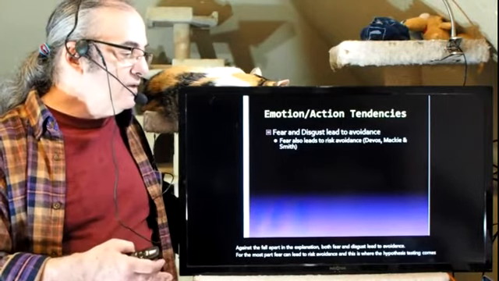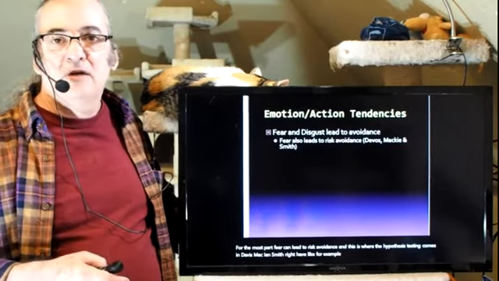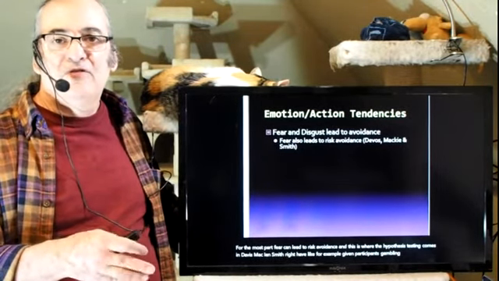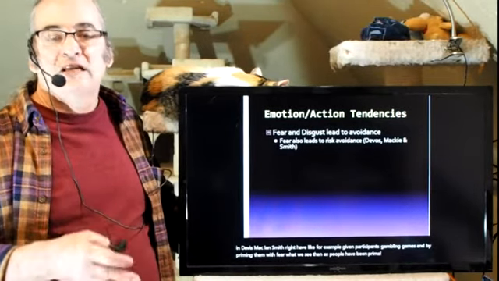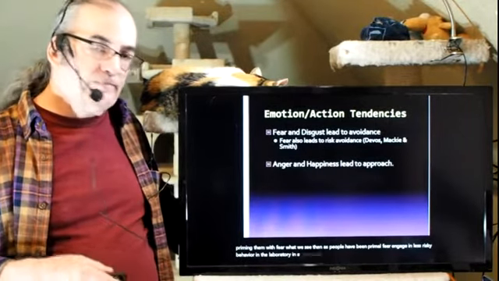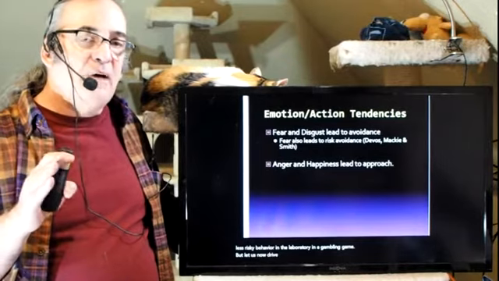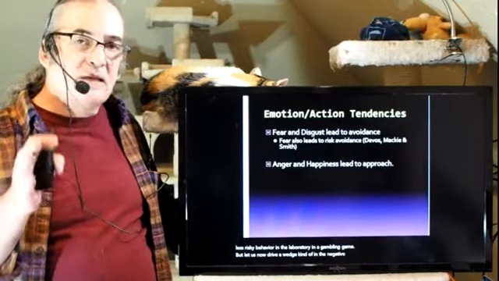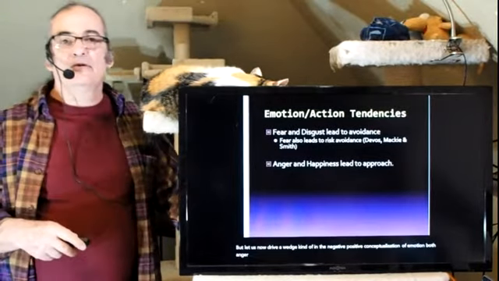Davos, Mackey, and Smith, right, have, for example, given participants gambling games. And by priming them with fear, what we see then is people who've been primed with fear engage in less risky behavior in the laboratory in a gambling game, right? But let us now drive a wedge in the negative positive conceptualization of emotion. Both anger and happiness lead to approach.